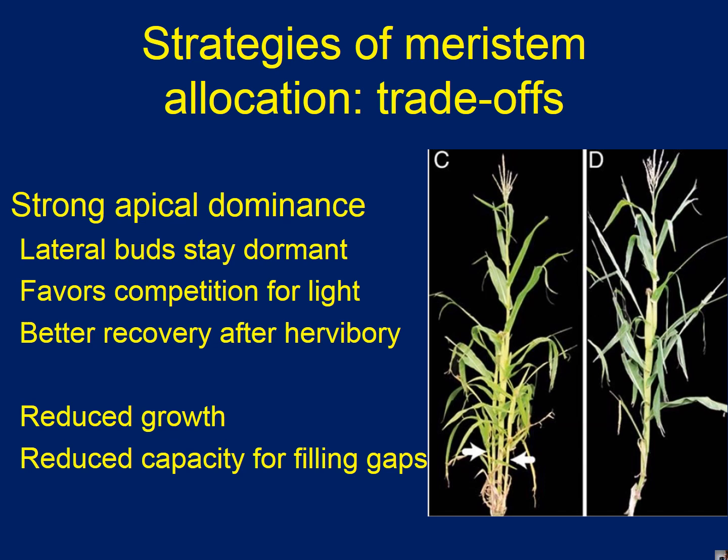That favors the competition for light because it will favor the height growth of the plant, and it will recover better after herbivory. On the other hand, it will imply a reduced growth capacity of the plant and a reduced capacity for filling gaps as compared to a more branching type plant.